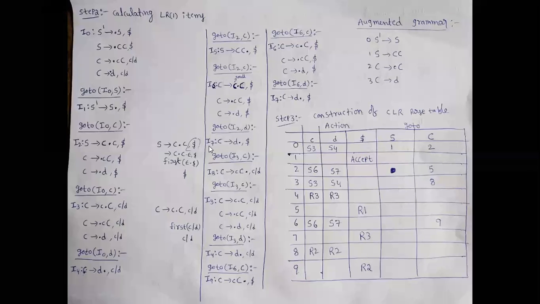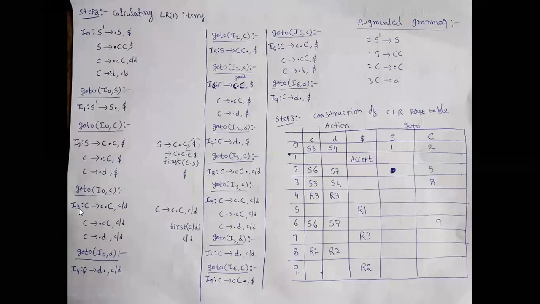After completion of I2 state, all the terminals and non-terminals apply the go to function. Then we are applying go to of I3. So after the dot we have a non-terminal capital C, a terminal small c, and a terminal d.